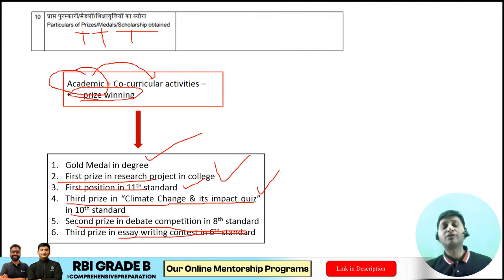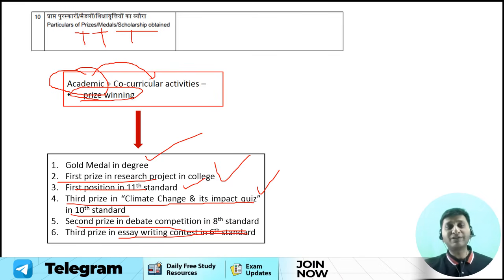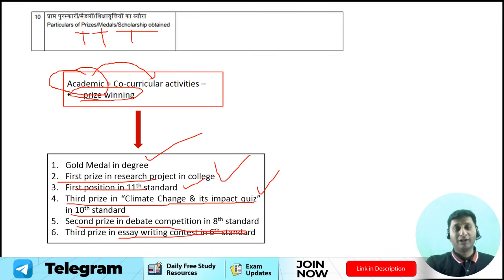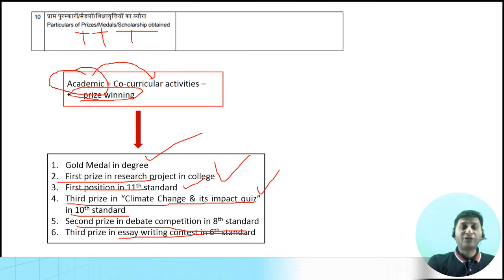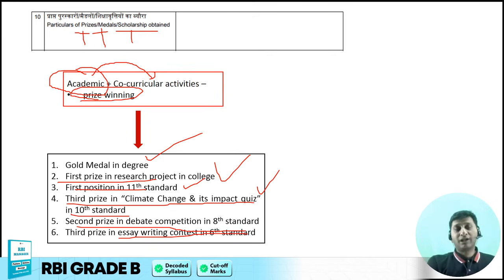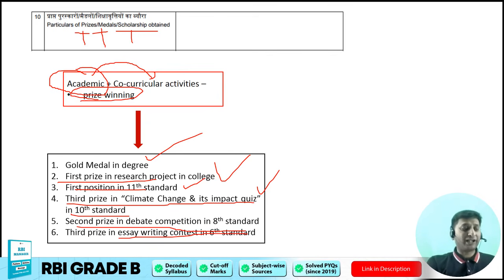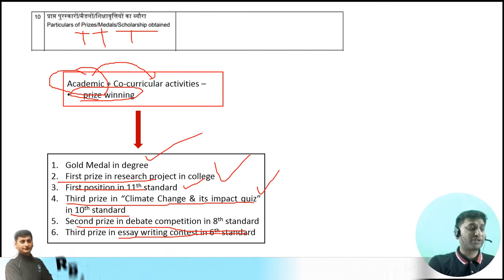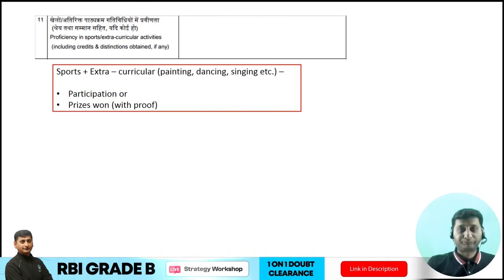They are just mentioning the participation. No, here you would have to be very particular about the prize, medal, or scholarship you have won, right? And try to focus only on academic or other activities which are indirectly related to academics, but avoid dancing, singing, etc. because there is a separate column for that.